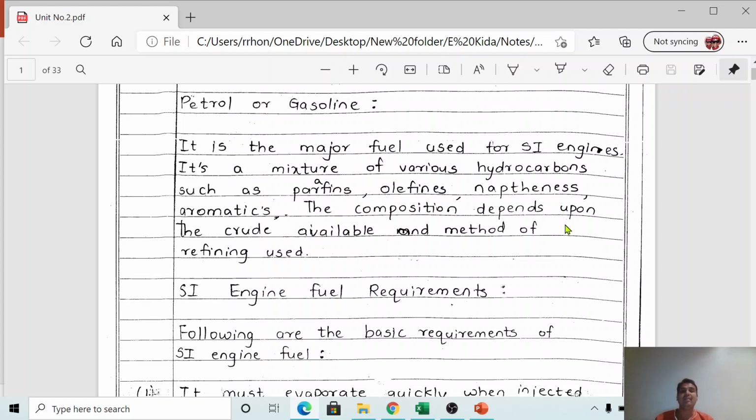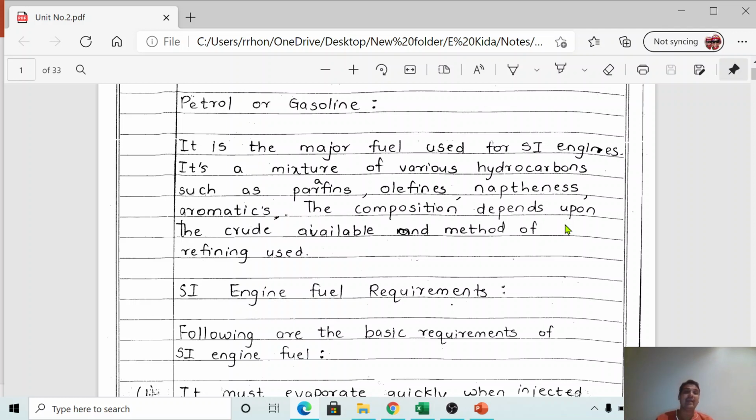Many times, if you observe, because of some mistakes, some diesel fuel gets into petrol engines. The engine will not run in that case, and for the time being we have to remove that diesel from the petrol engine.